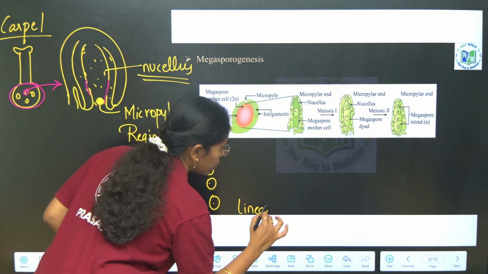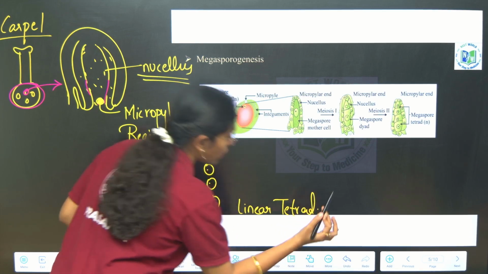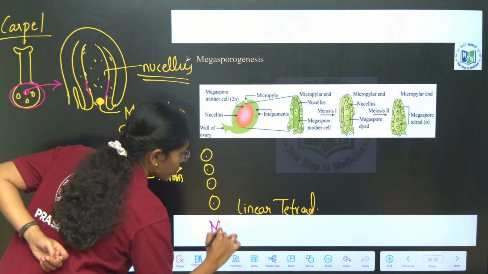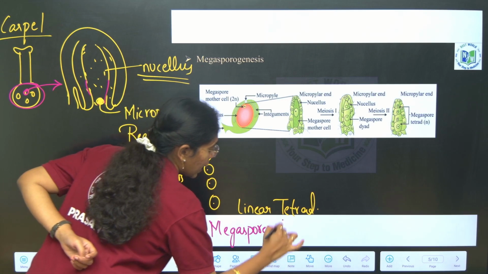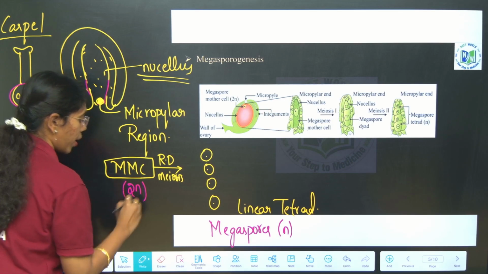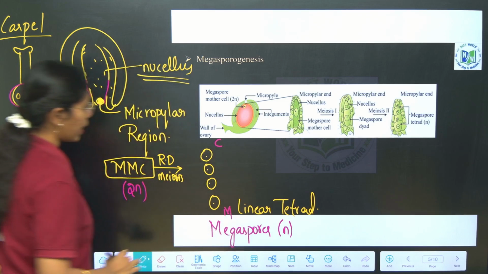Yes, Raghav, what is your doubt? But only one survives. Yes, not survives, it is functional. So, it is a linear tetrad of megaspores. Megaspores are haploid. The megaspore mother cell is diploid. Consider this as the chalazal end and this as the micropylar end.